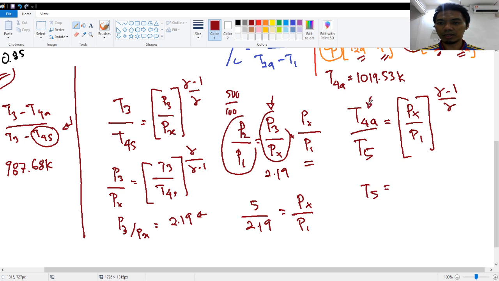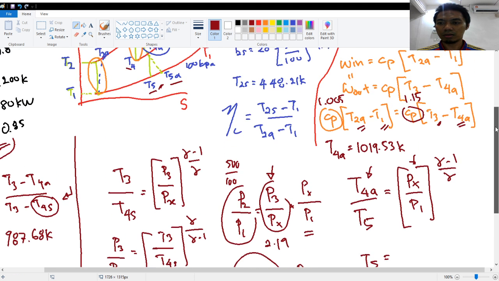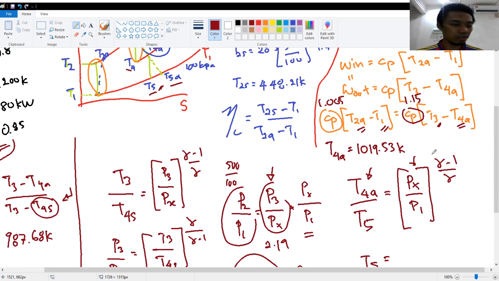T4 you already calculated, P1 you already know this one, and lambda minus 1, lambda using 1.33, this also 1.33.